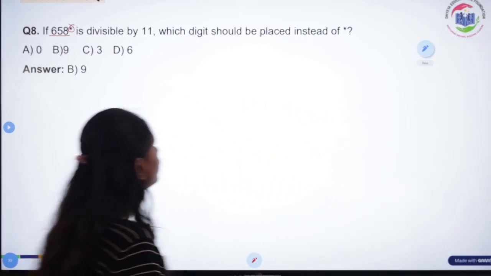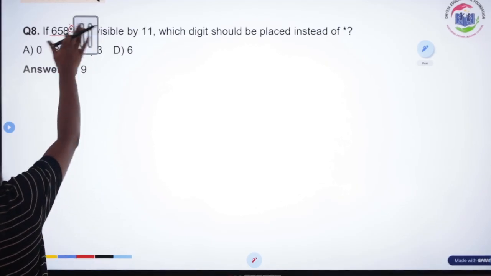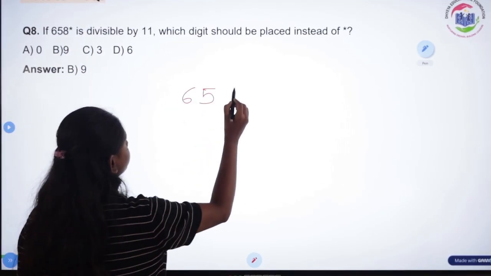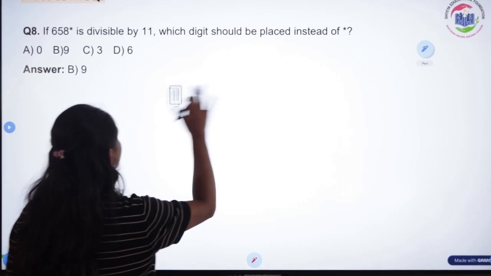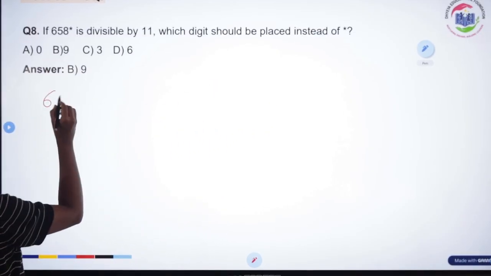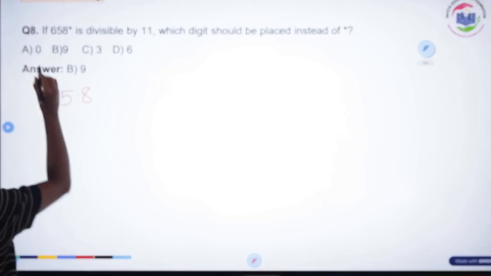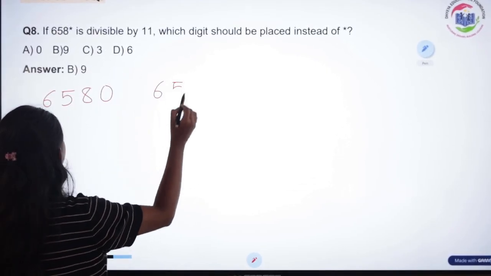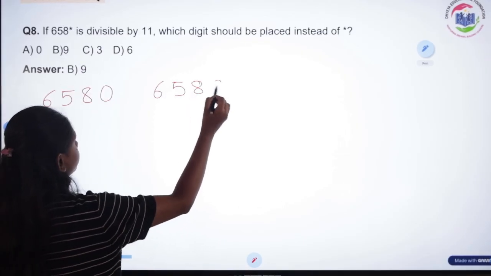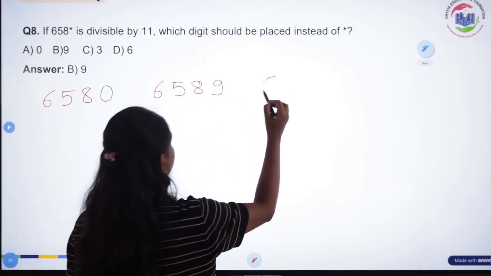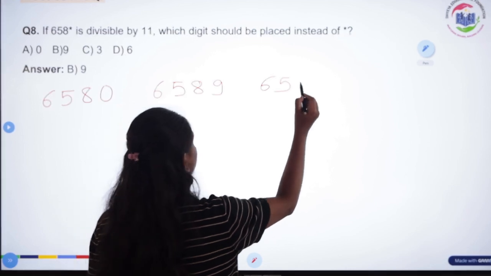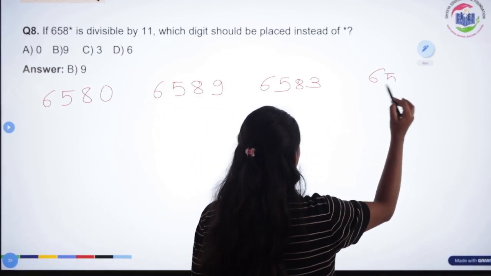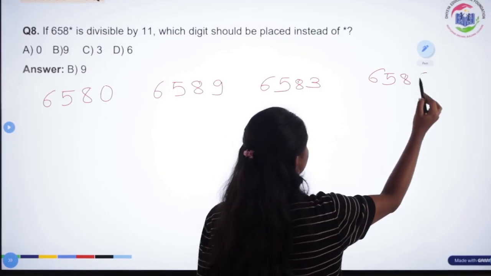You just have to take the even and odd positioned numbers. So we will take 6 5 8, and first we will take the last digit as 0. Then again we will check with the number 9, again with the number 3, and again with the number 6.